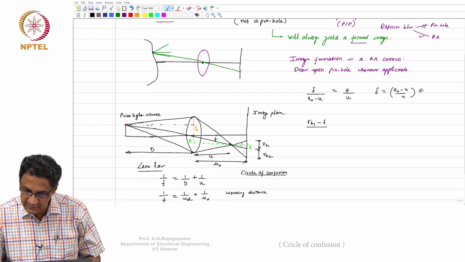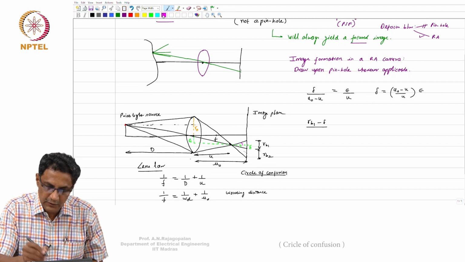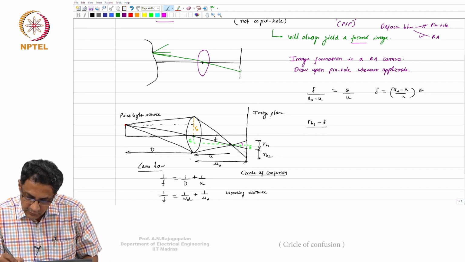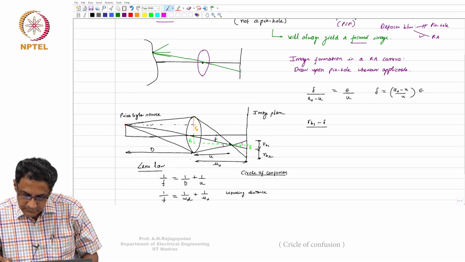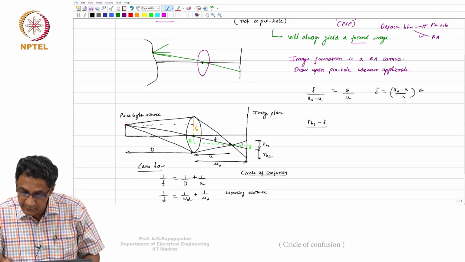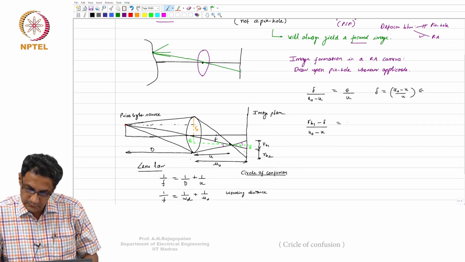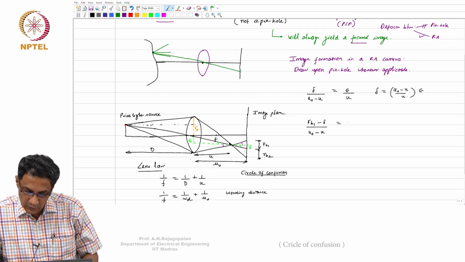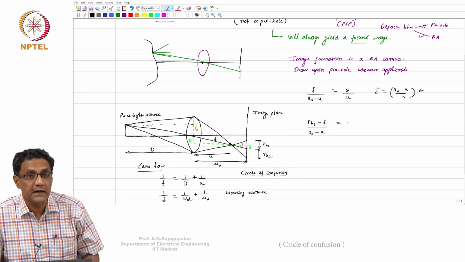RB1 minus delta should be equal to, what is the other angle? This guy is going here. RB1 minus delta by u naught minus u should be equal to now r naught minus epsilon.